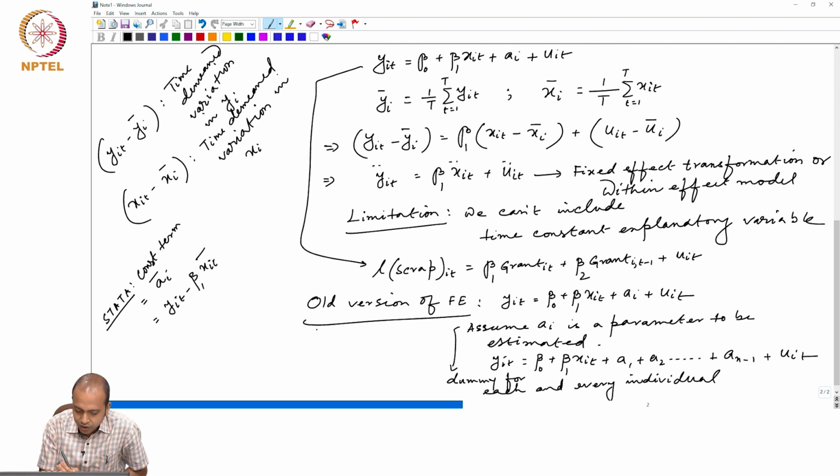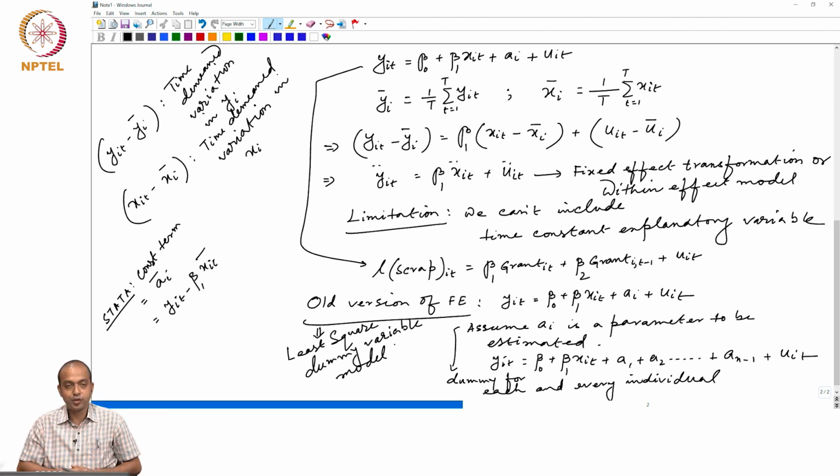That is why this older version of the fixed effect model is also known as the least square dummy variable model.